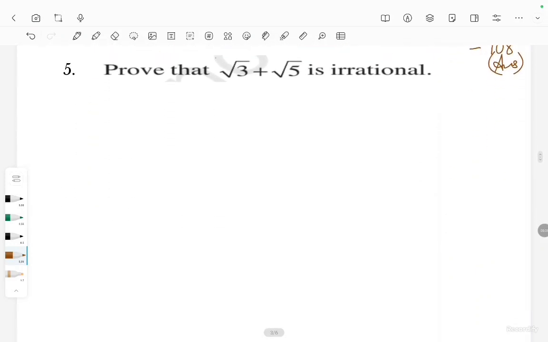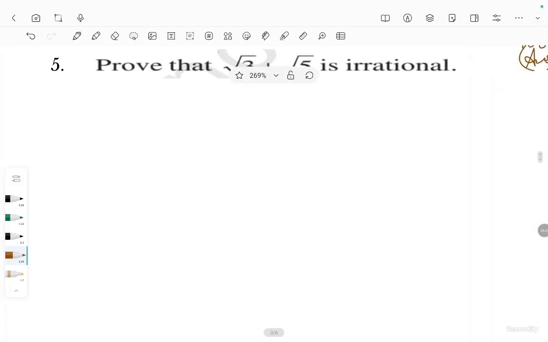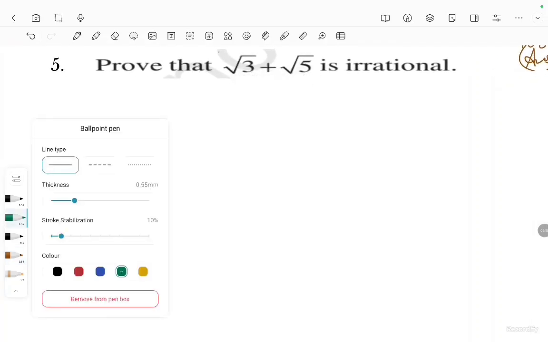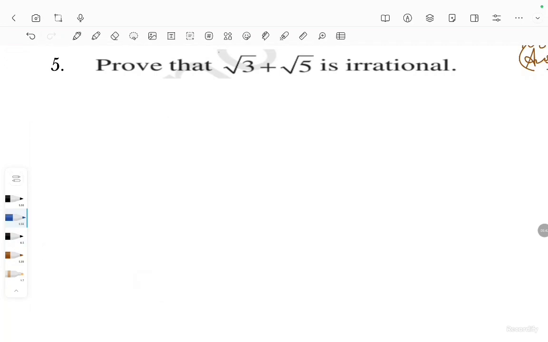Next is prove that root 3 plus root 5 is irrational. Very important question. You have done root 2 irrational, root 3 irrational. Now this is the same kind of question, but we will do it step by step. Please see it very carefully. First of all, what should be the supposition when we have to prove that something is irrational? We will suppose the opposite of that. Let root 3 plus root 5 be rational.